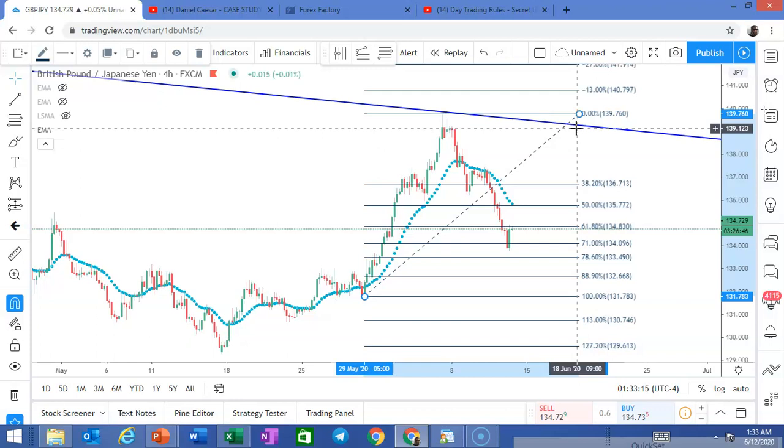However, I'm not sure how successful it will be. Why? Because right now the dollar is really, really weak. And whenever the dollar is weak, the yen is strong. And so I wouldn't be surprised if we terminated up here somewhere, or maybe up here and then drop back down.